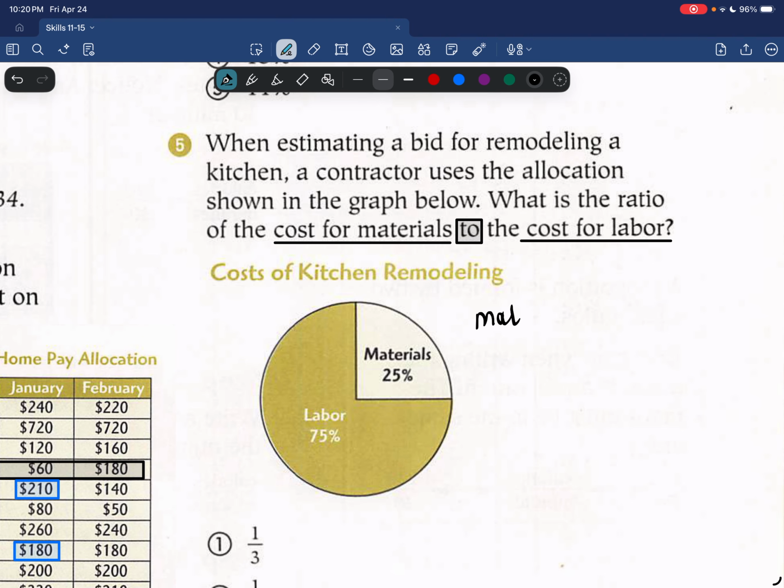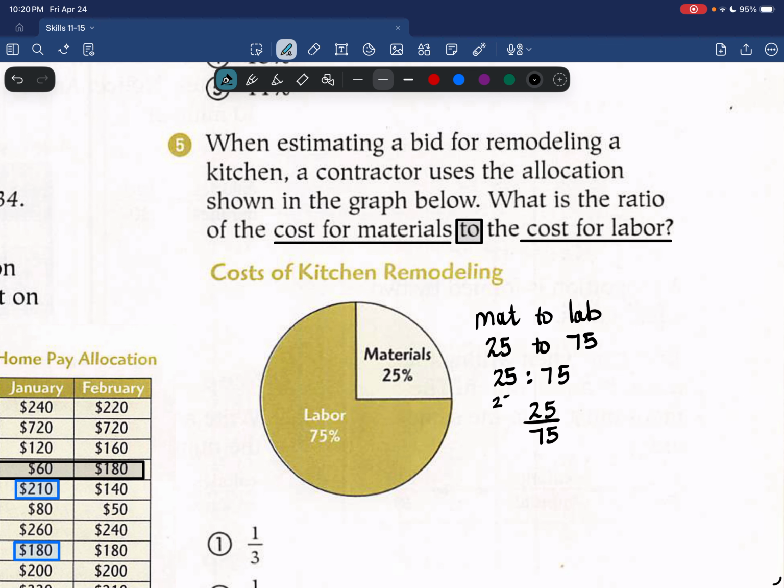So materials to labor. Materials 25%, labor 75%, or 25 to 75, or 25 over 75.